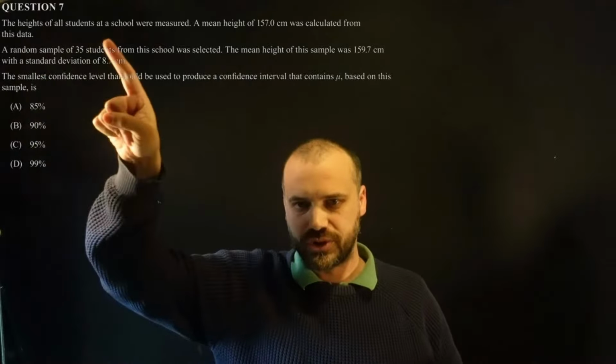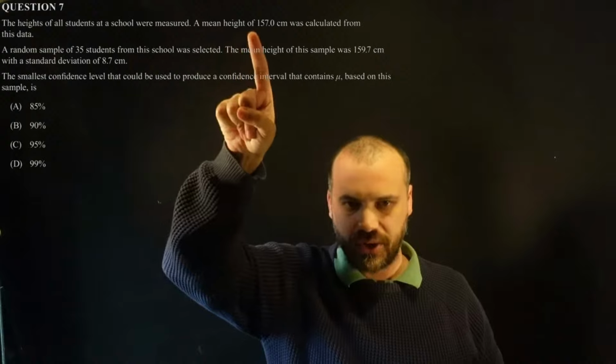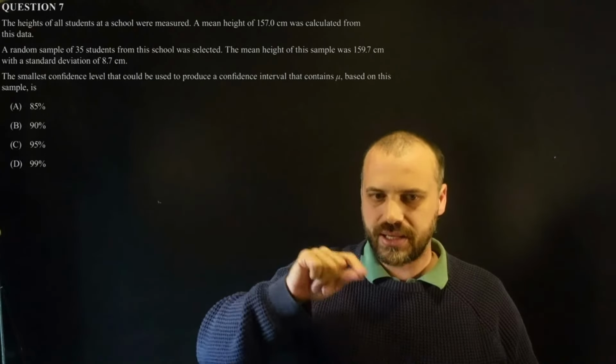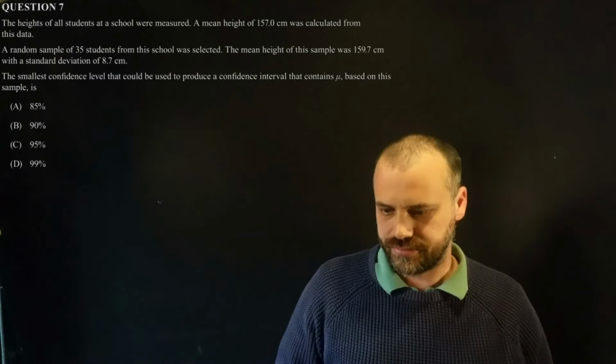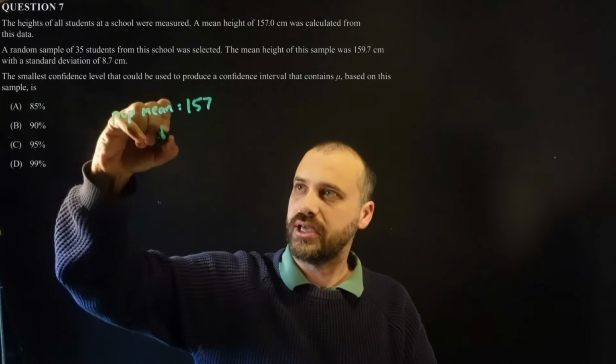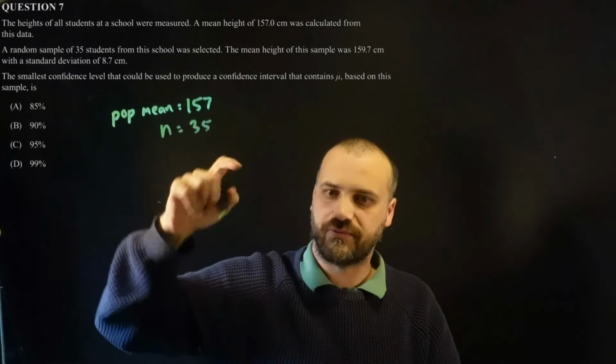All right, the height of all students at a school were measured. The mean height was 157. Okay, all students, so that mean is our population mean. A random sample of 35 students from the school was selected, so our sample size is 35.